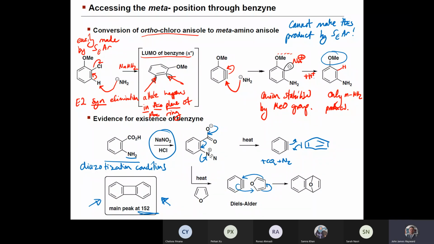So through these various kinds of processes, you can prove that a benzyne is formed. This is, of course, quite related to the ortho lithiation because you're using strong base. So let's go for an entirely different idea next.